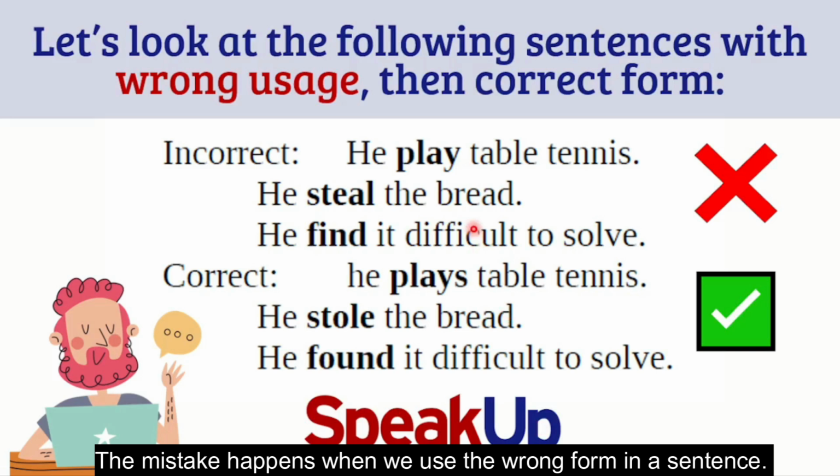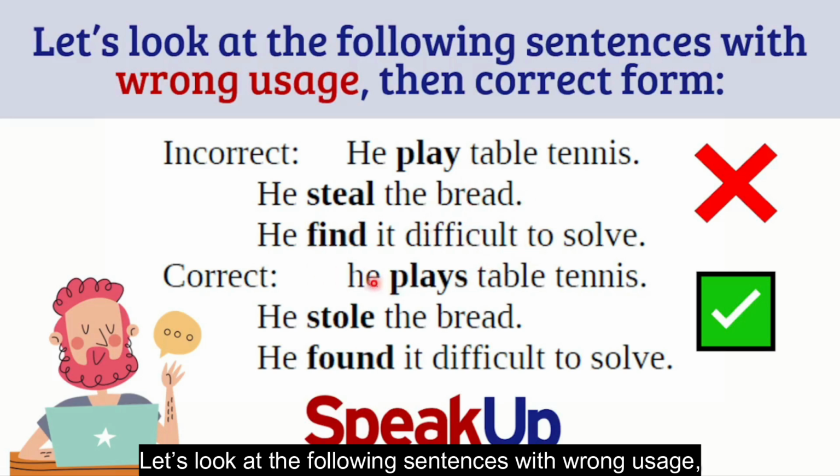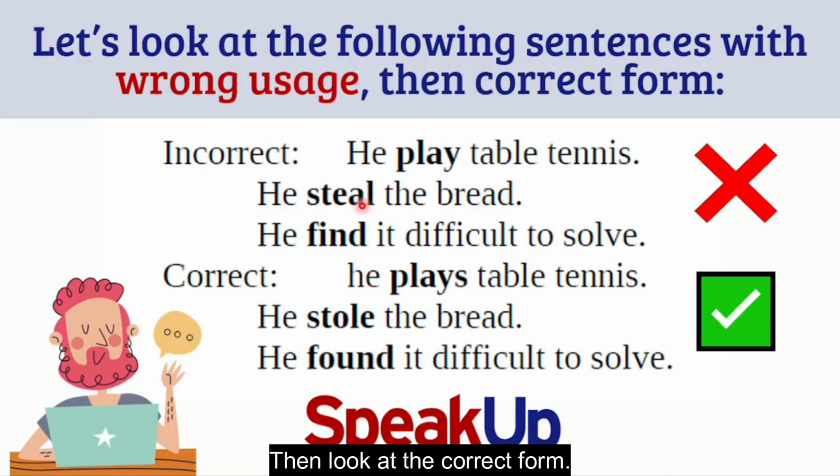The mistake happens when we use the wrong form in a sentence. Look at the following sentences with wrong usage, then look at the correct form. Follow with me. He played table tennis. Look, he play? No. The correct is he plays table tennis.